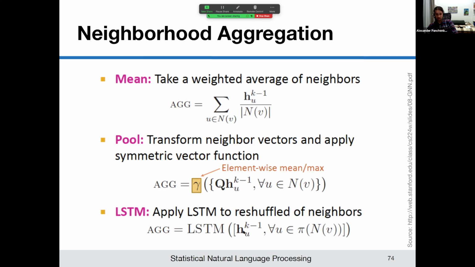And further, you can even consider this sequence of hidden states or neighbor vectors, which correspond to messages from neighbors, and then treat this sequence with a neural network such as an LSTM, which would allow some non-linear transformation between these input messages and the output.